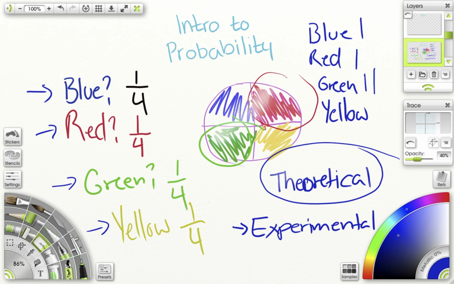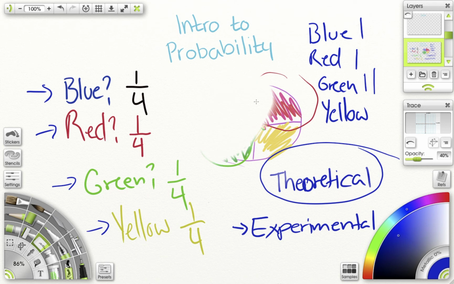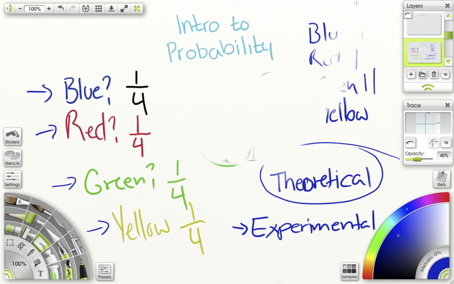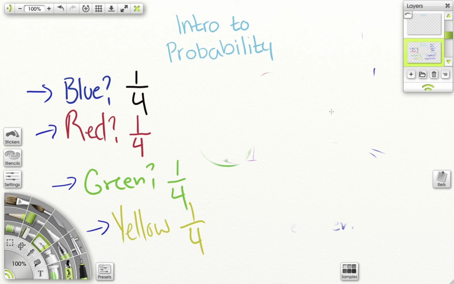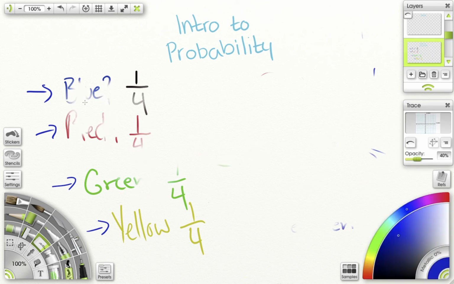Another spinner could be, if I erase all of this, what if I have letters instead of colors that I'm trying to land on?